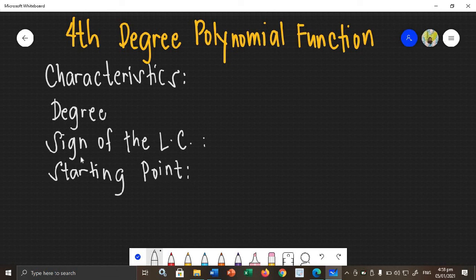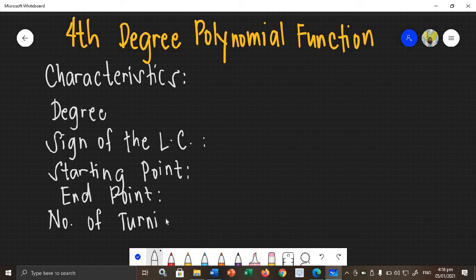So it's either upwards or downwards lang dito sa dalawa. And then the number of turning points.